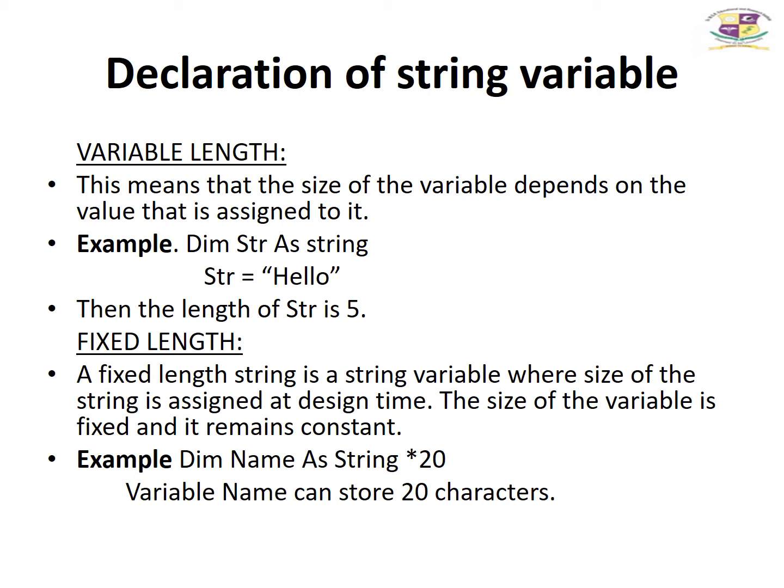Here, the string variable size is assigned at design time. The size of the variable is fixed and remains constant. Here, an example is given with DIM name AS String * 20. It indicates that the variable name can store characters up to 20.